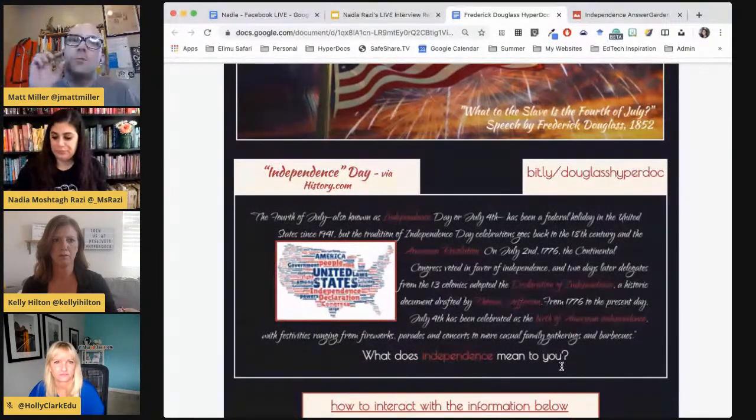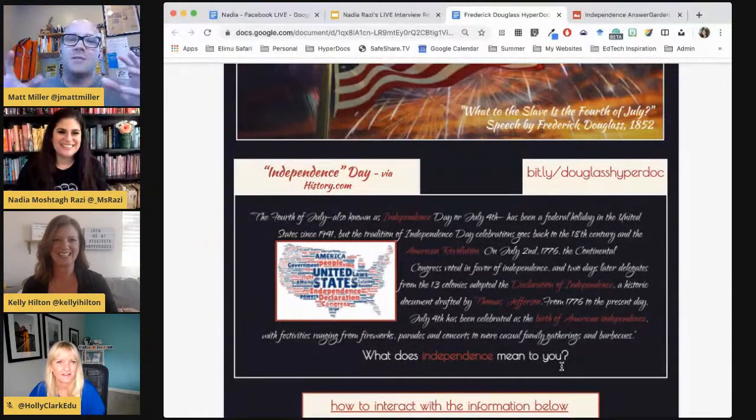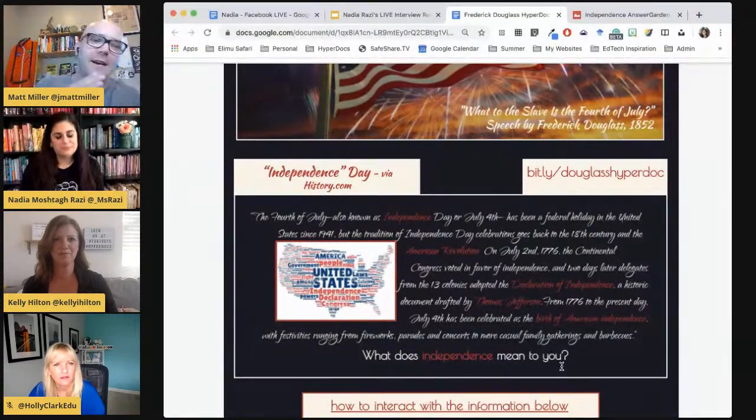And the fact that you pulled in that prompt, I'm kind of geeking out about this, and used this answer garden to figure out what the big words were that they used the most. And then you took that student data to guide the discussion even further. Obviously from a content standpoint, it's super important and it's something that's missing in curriculum.